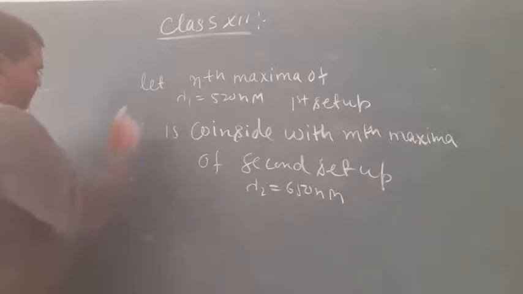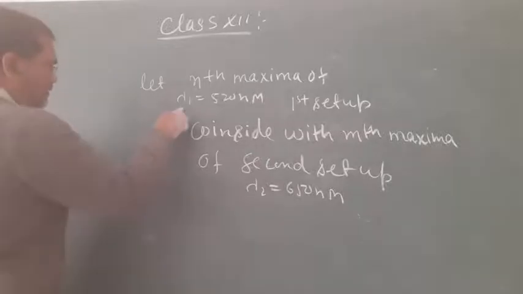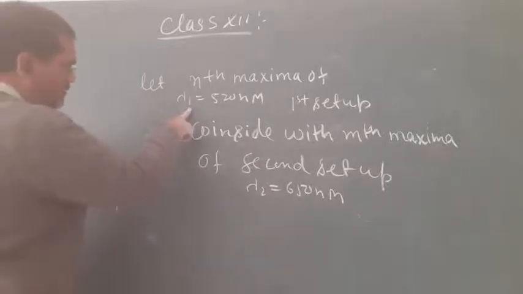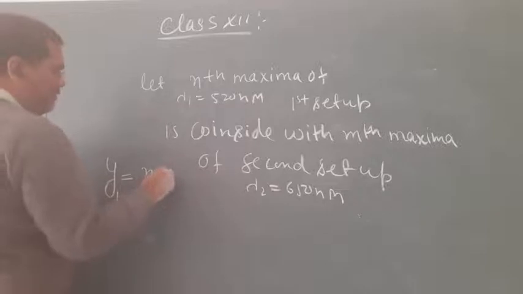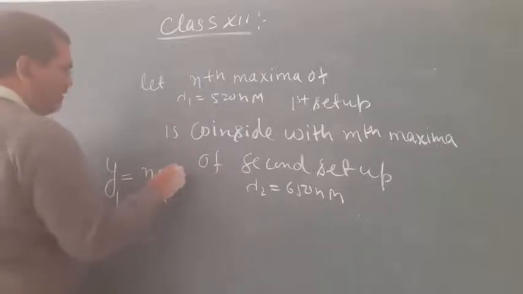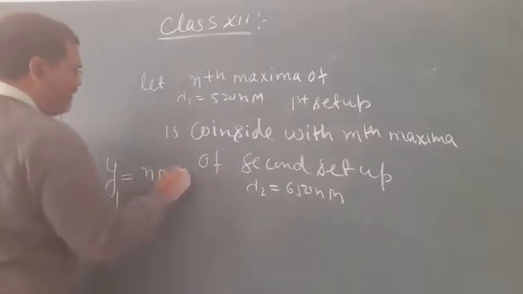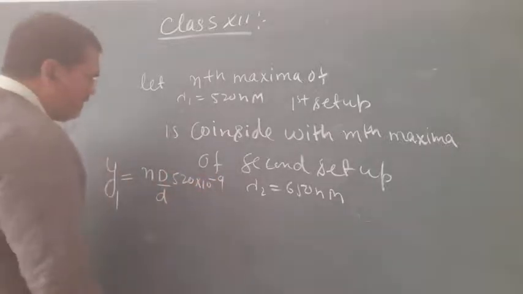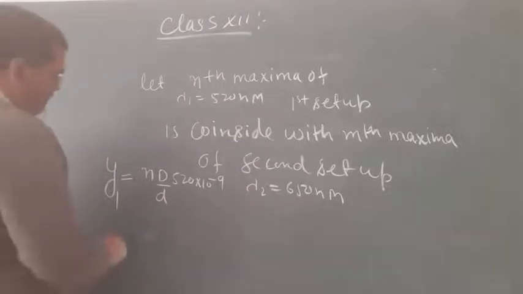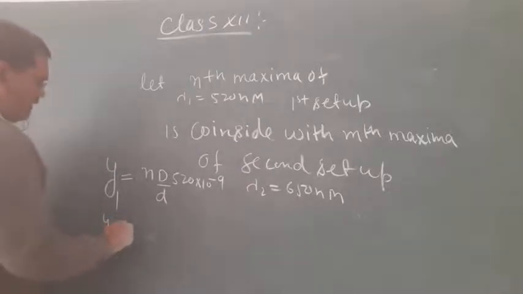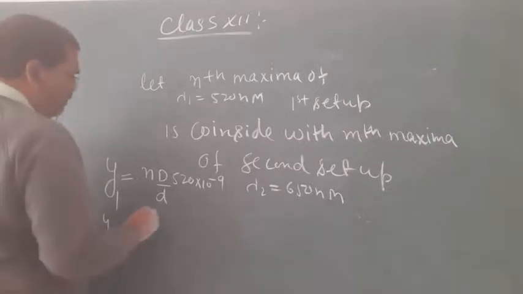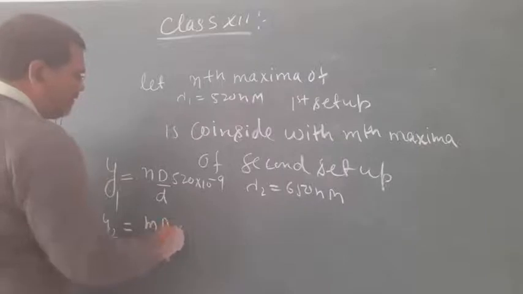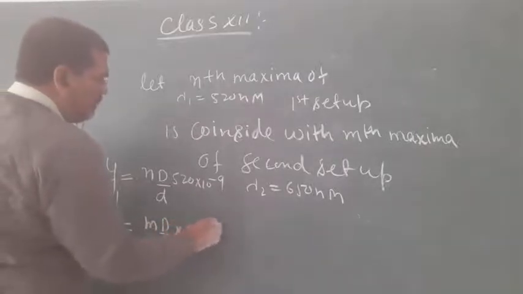So y1 equals nth maxima, so nDλ by d, is 520 nanometer into 10 to the power minus 9. In the second setup, let the position of the mth maximum be y2 equals mDλ by d, that is 650 nanometer.